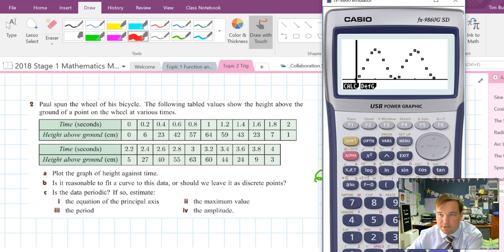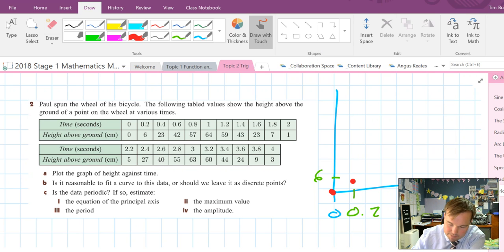If we put it in an Excel spreadsheet, we will be able to see a scale and estimate from the scale. But the other way to estimate the equation of the principal axis is to look at the maximums, look at the minimums, and note the gap between them. The gap between them is about 62 to 64. And remember, we're only estimating here, so I'm going to call it 62.